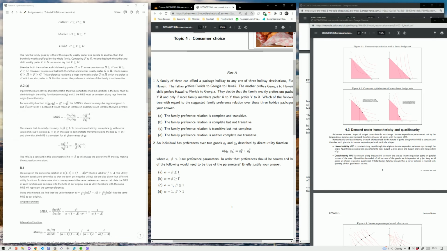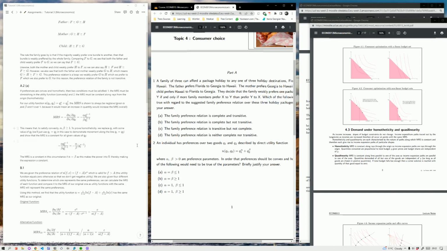The reason they have to be equal is that to prove homotheticity, you need to prove that the MRS is constant along a line coming out from the center. A useful way of doing this is imagining that the line going out from the center is Q1 equals Q2, a bit like Y equals X. We want MRS to be constant along that line.